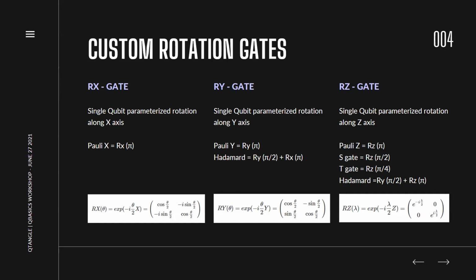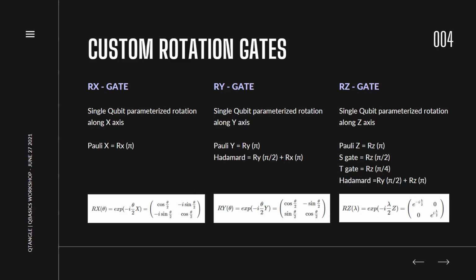What if you want to stop somewhere in between? Let's say you noticed when Freya demonstrated, it went from 0 to 1. What if you want to stop somewhere in between? That's where custom rotation gates come in. These are very, very important to make very complex circuits. So that's why we'll be explaining what these gates are.